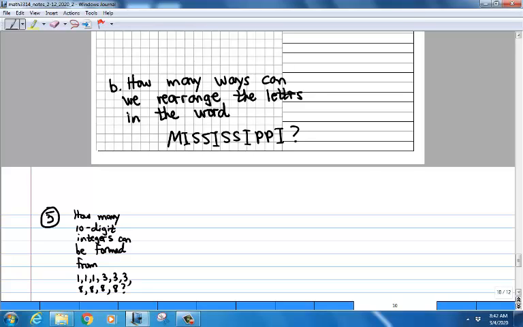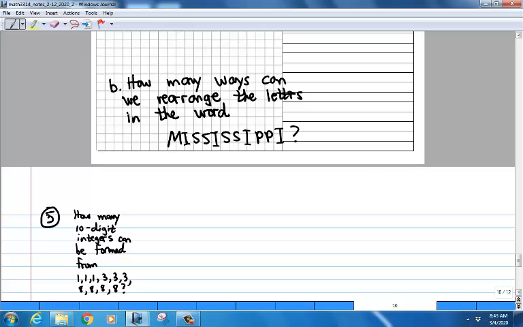So we're going to think of this in a little bit different way. Instead of thinking of this as a permutation problem, I'm going to think of it as a partition problem. Here you see this deep connection between partitions and permutations.